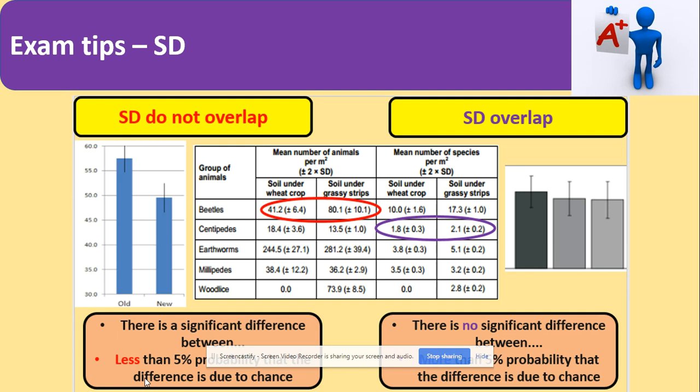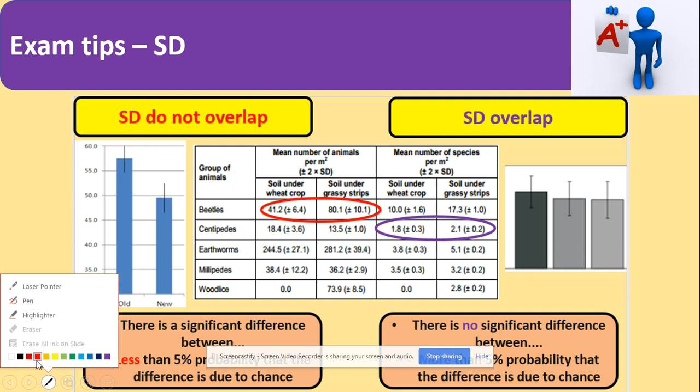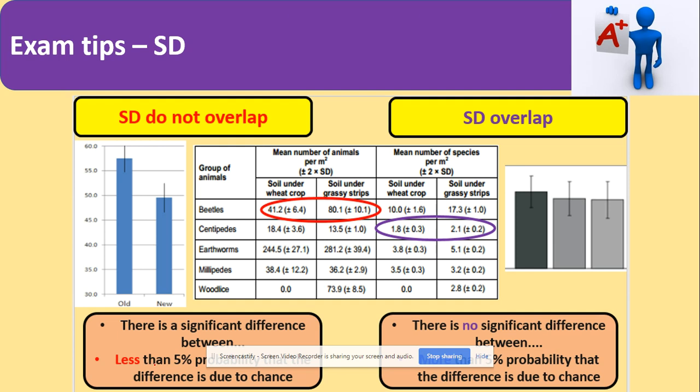So standard deviation, if they don't overlap, okay, there is a significant difference between the things that you are comparing here, and there is less than 5% probability that the difference is due to chance. So the words, obviously, it's not due to chance, but this is the wording the examiner would like to see from you.